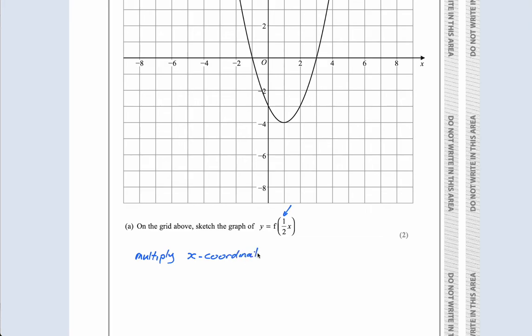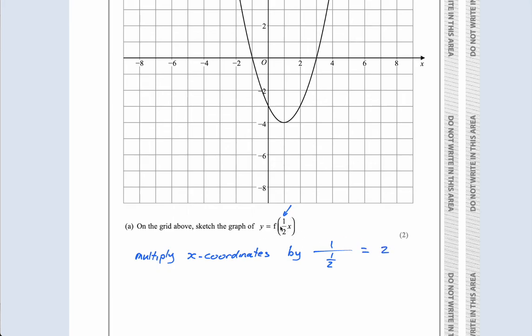Because it is horizontal, the scale factor is actually not a half, it's 1 over a half. So it's 1 over this, which is actually equal to 2.